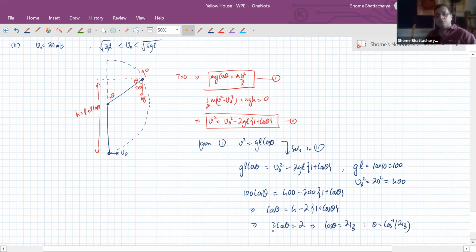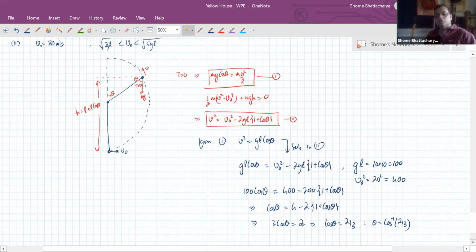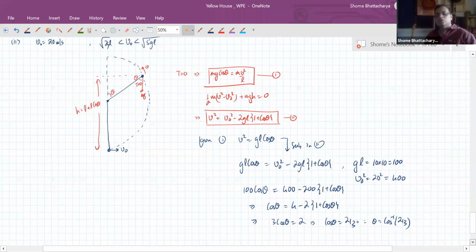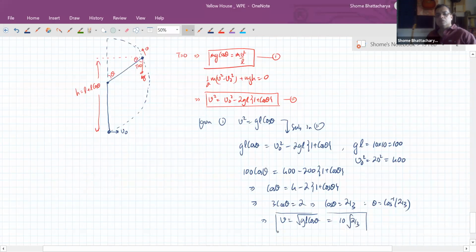So the speed at that point is 10 root 2 by 3. So first of all, we can see that the maximum tension is at the lowest point.